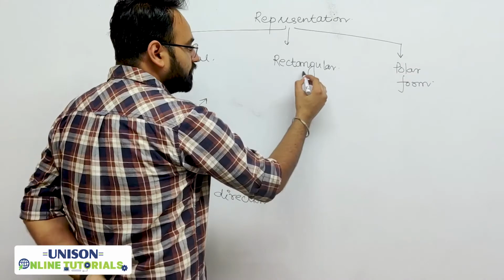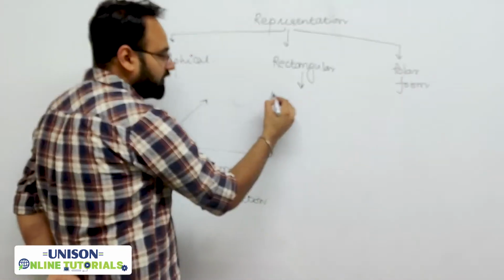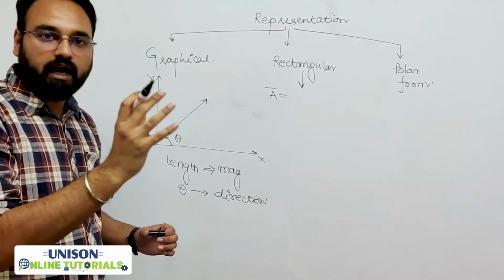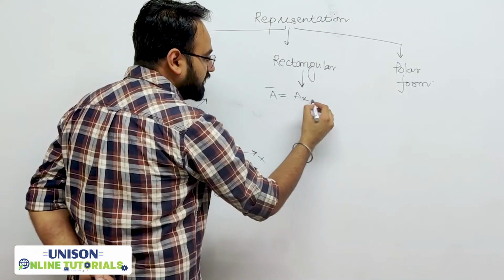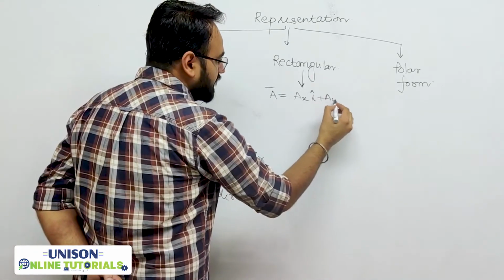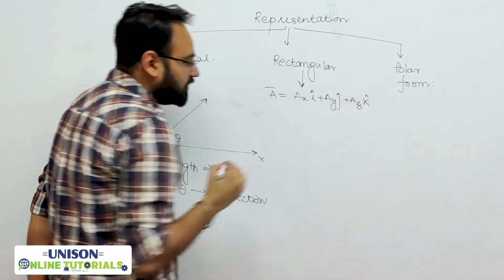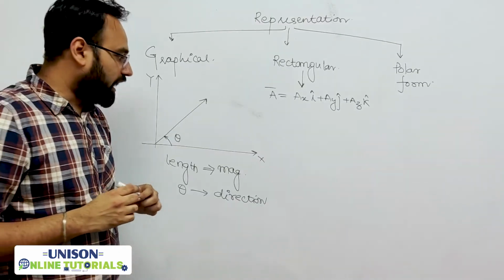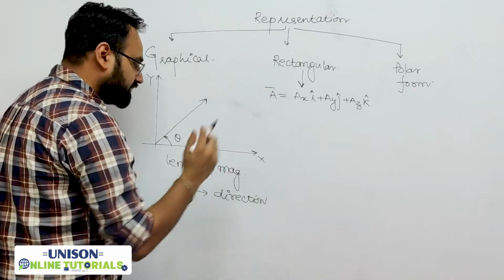In rectangular form, any vector A is represented in the form of its components along the x-axis, y-axis and z-axis. It is represented as Ax i cap plus Ay j cap plus Az k cap. Now what are Ax, Ay and Az? Ax, Ay and Az are components of the vector along the x-axis, y-axis and z-axis.